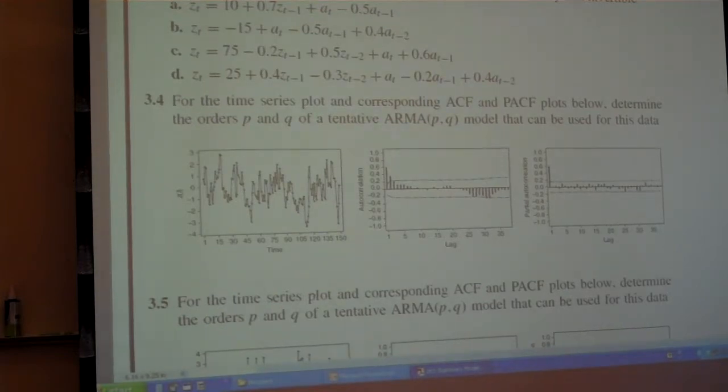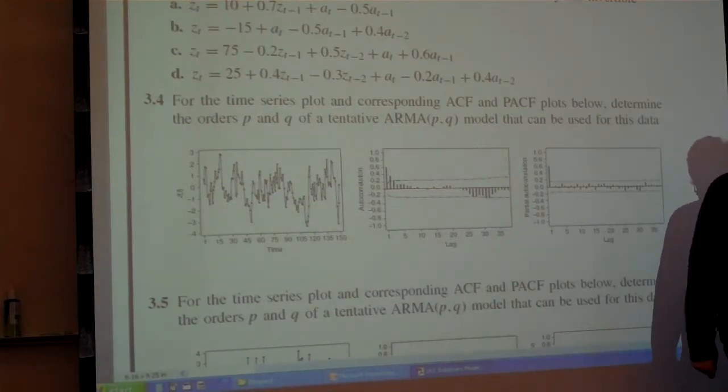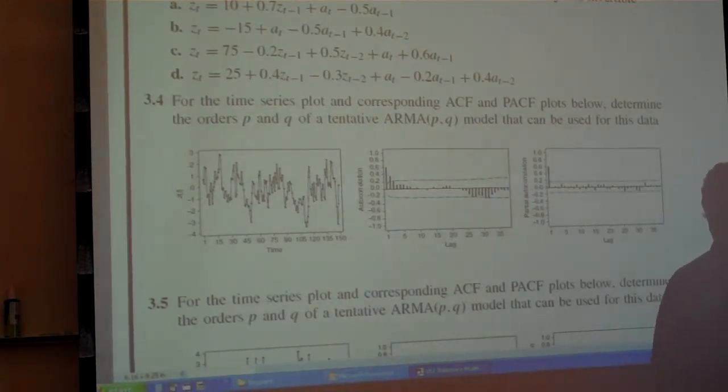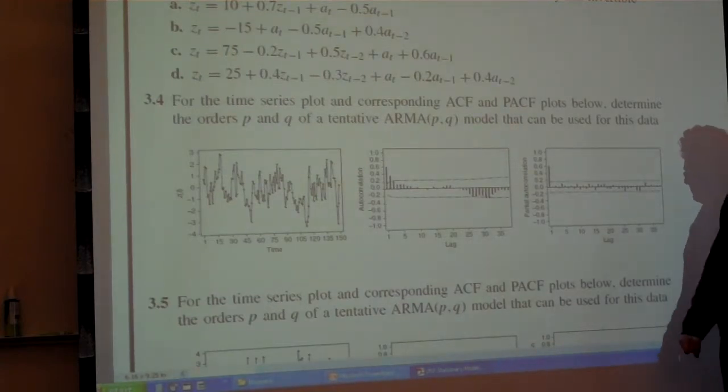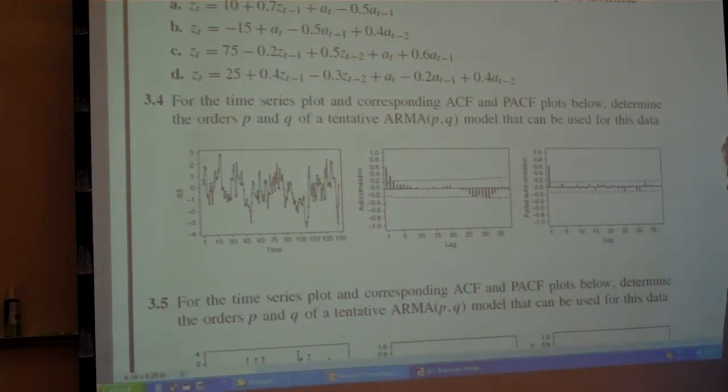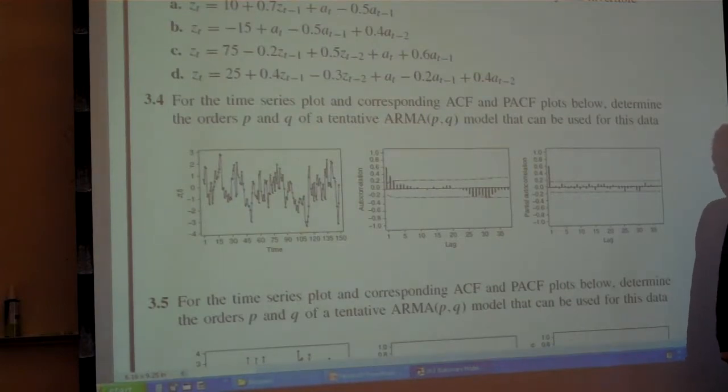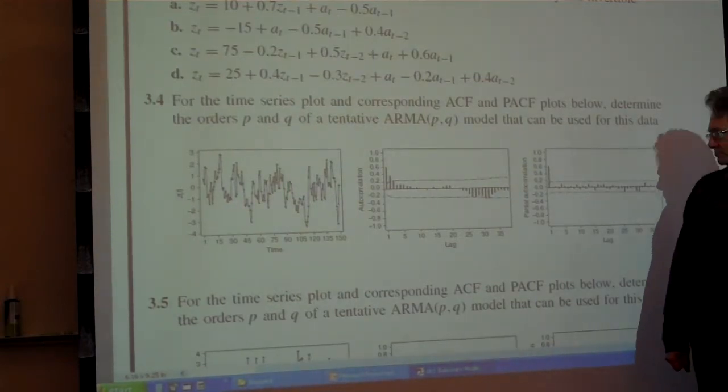So let's start. I think that is an autoregressive model, if I remember well. Okay, and why is that? Because the PACF, the partial autocorrelation, decays super fast, while the other decays slowly and with periodicity.